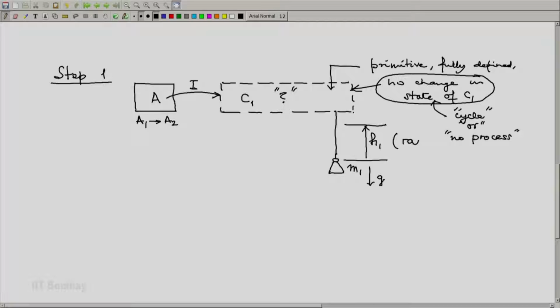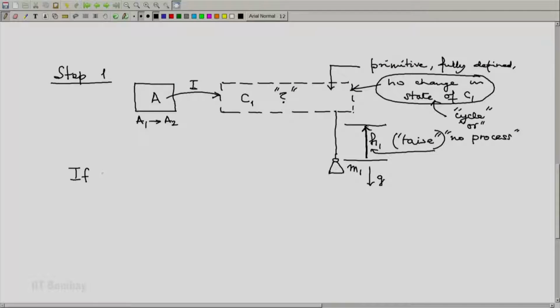The system does not even move from its initial state. Notice that the required thing is the raise of a weight. A lowering will not do. It has to go up like this.